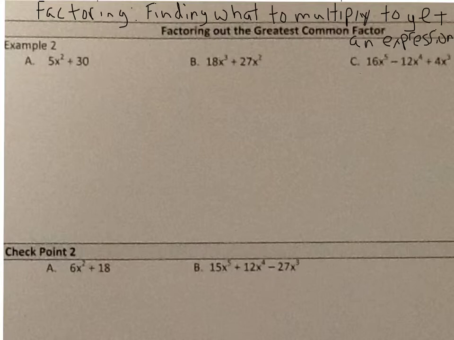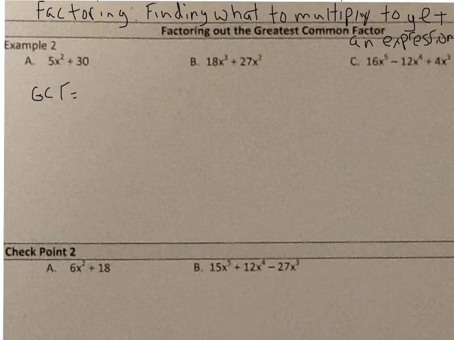All right, so to factor something, you're still going to use the greatest common factor. We're going to find out on A here what the greatest common factor is. And then we're going to take that greatest common factor and divide it into each of the terms in the expression.